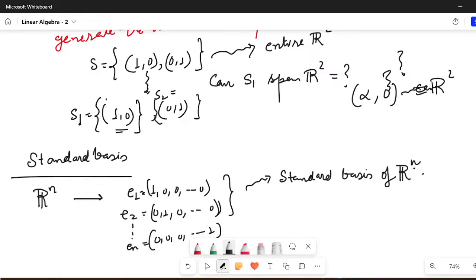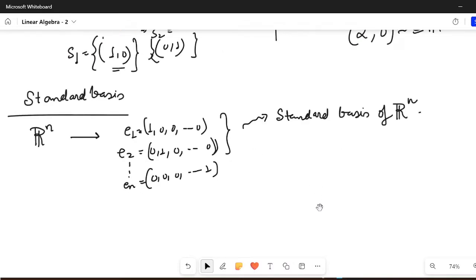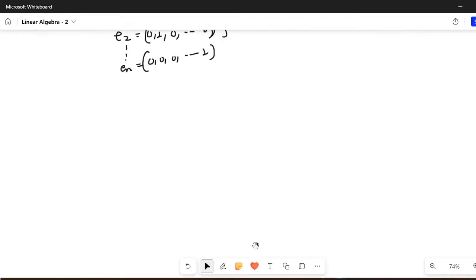A few more definitions and results we are going to write tomorrow. But today let us write one more definition, which is the dimension of a finite dimensional vector space. So let us first write what is dimension. So what is a dimension?